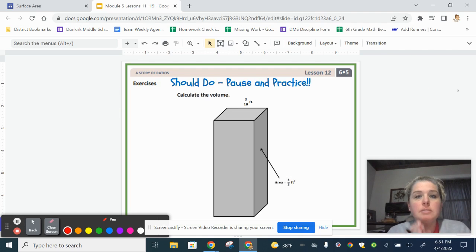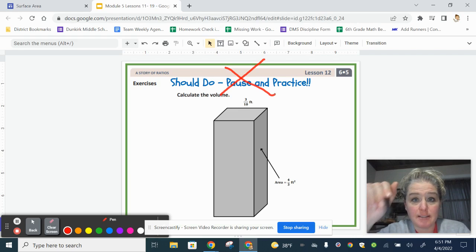If you felt comfortable with that last one, here is the should do. Now, if you were completely understanding the area of the base times the height, you can skip this and come see me for your mastery check. I'll give you the mastery check to try. If you get it incorrect, I will have you come back to this.